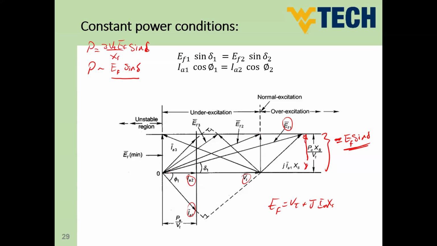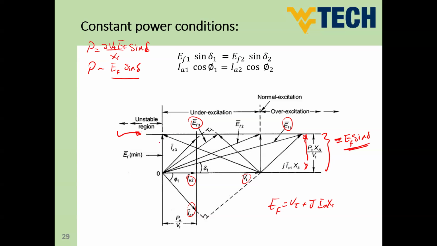For the leading power factor, this is IA3 and this is jIA3 and this is EF3. So if you have a look here, this is EF3 and still the EF3 sine delta is going to be the same length. So we can say that this line here is the locus of excitation for constant power.